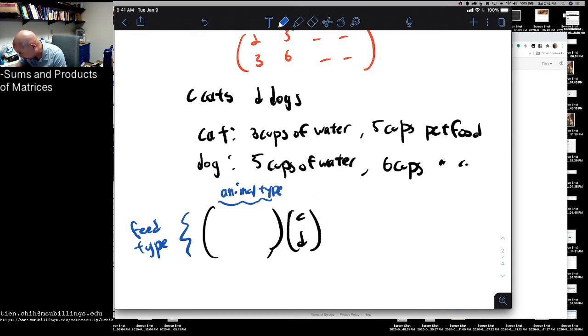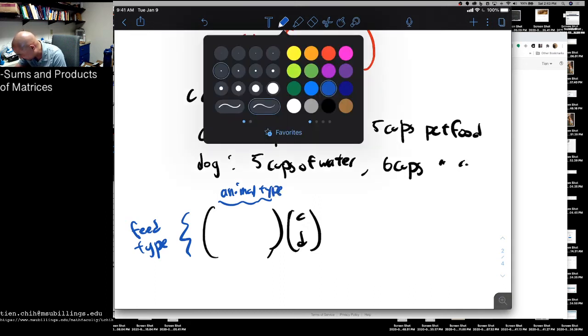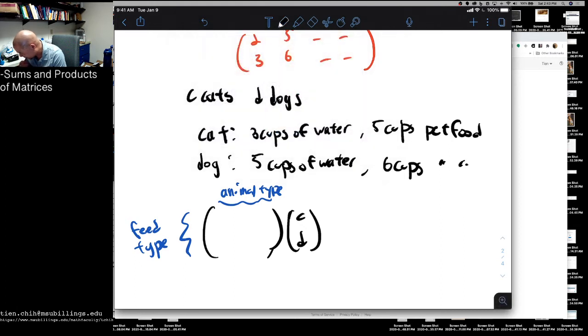So maybe in the first column here, we would have what cats need. So cats need 3 cups of water and 5 cups of pet food. And what the dogs need are 5 cups of water and 6 cups of pet food, right?